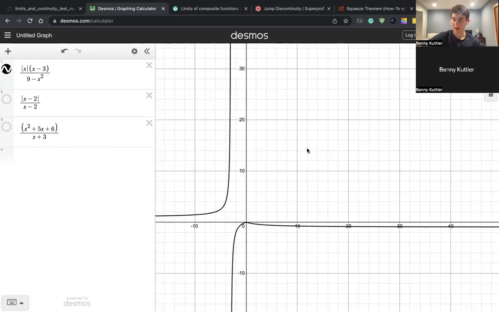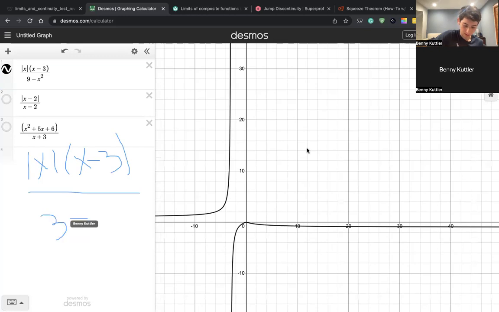And now the way that you'd find out that this was a vertical asymptote based only on the function is we would do what we did before. We'd have absolute value of x times x minus 3 over 3 minus x times 3 plus x. We'd cross these out.